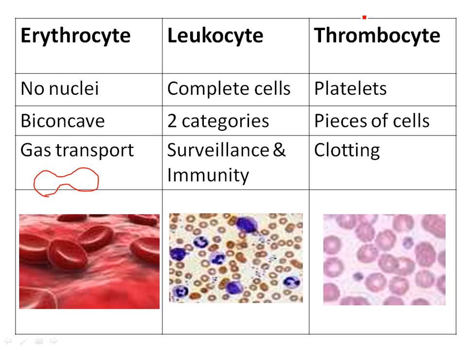On the other end of extremes, or the other end of our table here, we have our platelets, or thrombocytes. They are responsible for the clotting mechanisms, and they're these tiny little purple dots here, smaller than a red blood cell. They are pieces of larger cells.